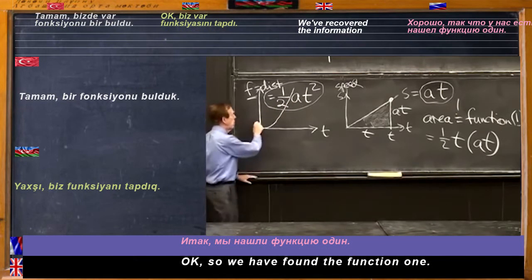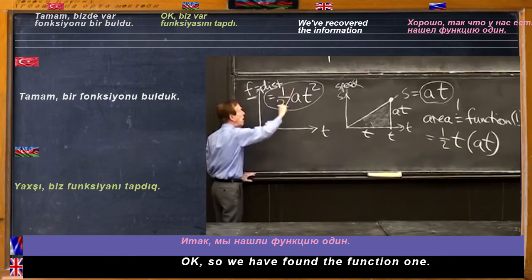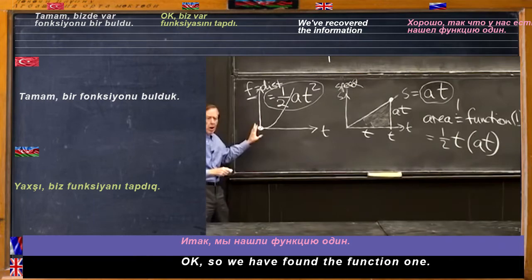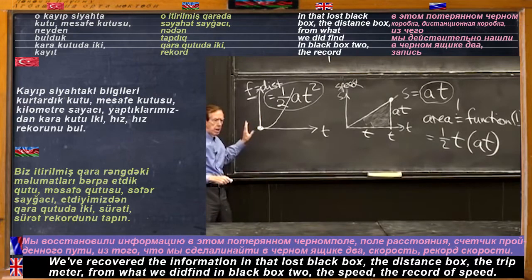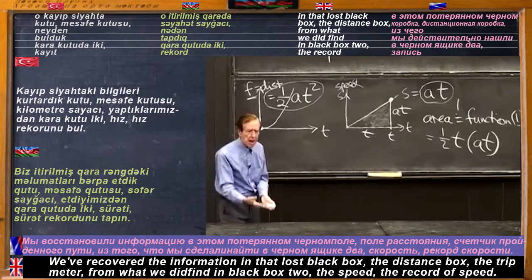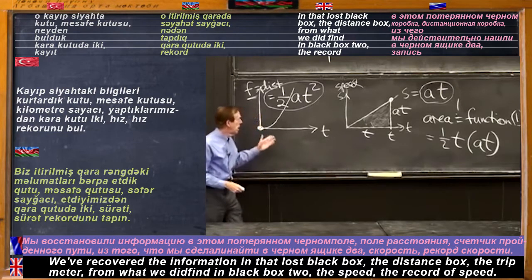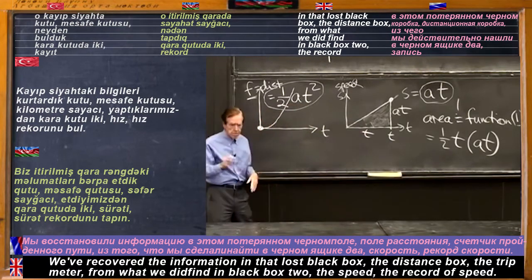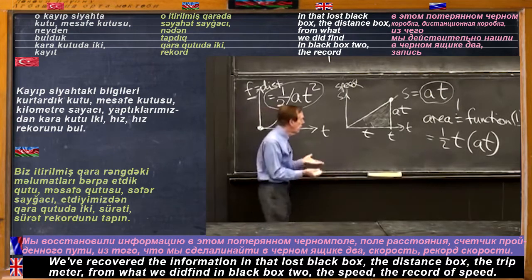Okay, so we have found function 1. We've recovered the information in that lost black box, the distance box, the trip meter, from what we did find in black box 2, the record of speed.